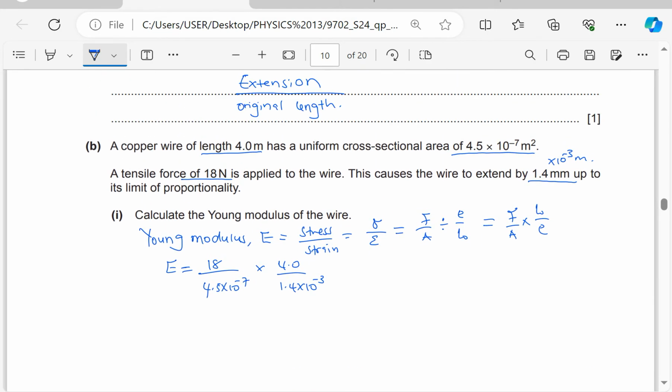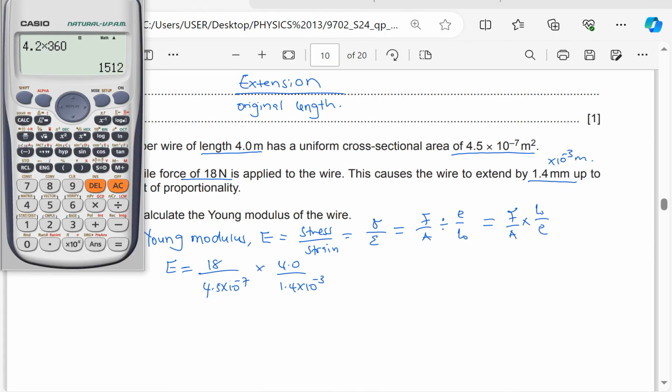So I'll just press my calculator. 18 times 4 divided by 4.5 exponent minus 7 divided by 1.4 exponent minus 3. So I'm getting 1.14 times 10 to the power of 11, or 1.1 if you want.